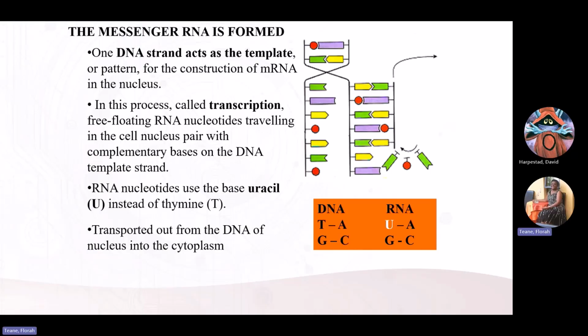How does this happen? Let's go to another slide. But before then, you must know that on this DNA strand, somewhere, there will be T, which stands for thymine, and there will be A, which stands for adenine.